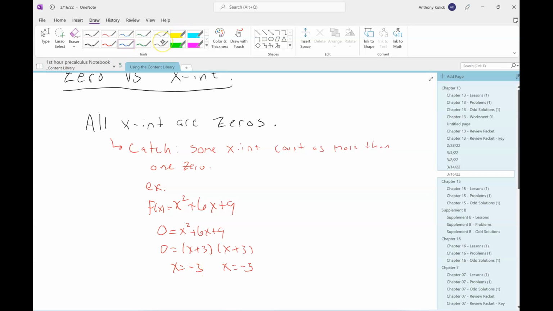Do you remember what it's called when we get the same solution more than once like this? We mentioned it earlier. This is a multiplicity. In this case, this would be multiplicity 2 because we get the answer twice.